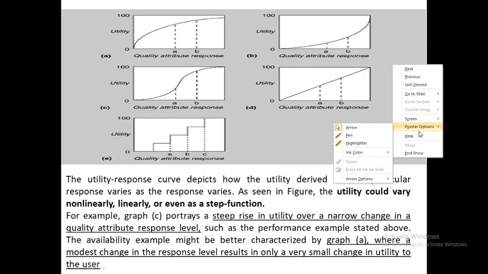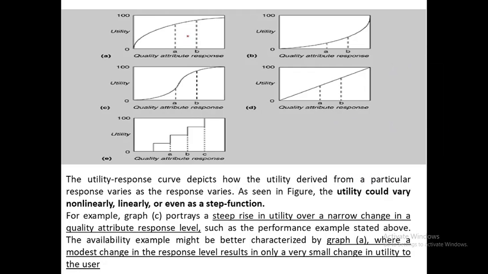By making a small change, it is making very little change in this portion. But consider this zone. Even though you have made the change from A to B, the change is very small, a modest change. Whereas if you consider the same portion here, the change is high.